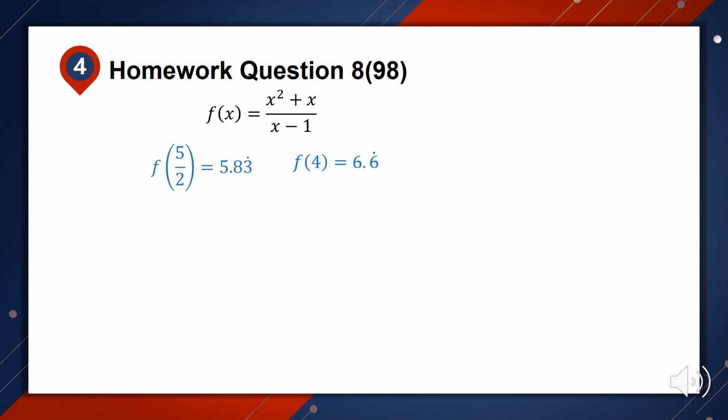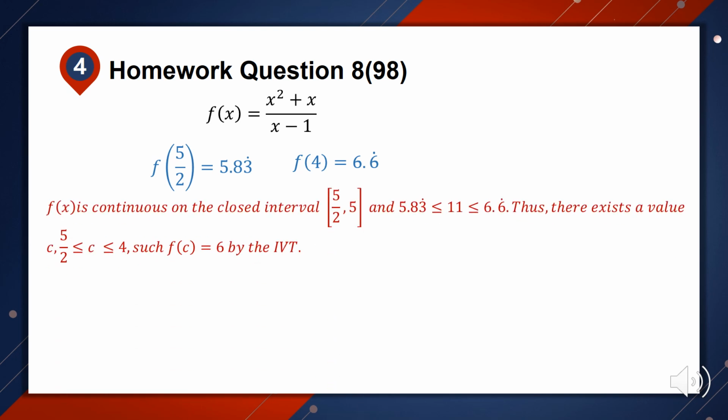So f of x is continuous on the closed interval 5 over 2 to 4, and 5.83 repeating is less than or equal to 6 and less than or equal to 6.6 repeating.